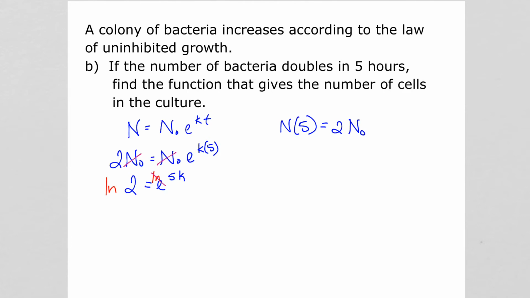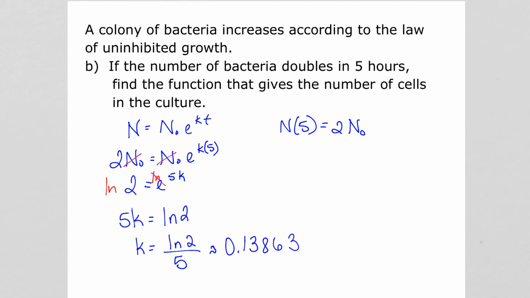Okay, so we have 5k is equal to the natural log of 2, or k is the natural log of 2 divided by 5, which is approximately 0.13863.